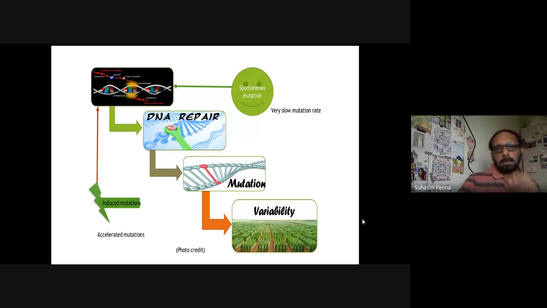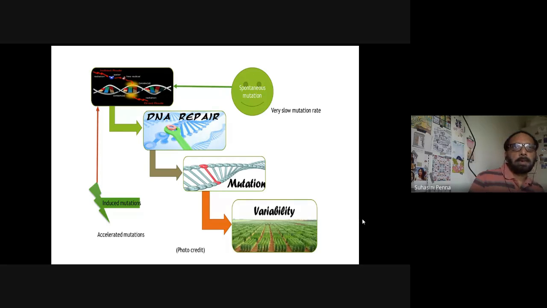But if the change in DNA persists, this can be a permanent change or a temporary change. If it is a permanent change, this can result in genetic variability, which we often look into in the germplasm, and if the mutation is favorable, then we try to use it in breeding programs.